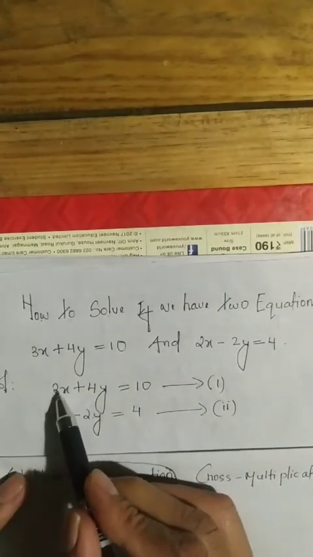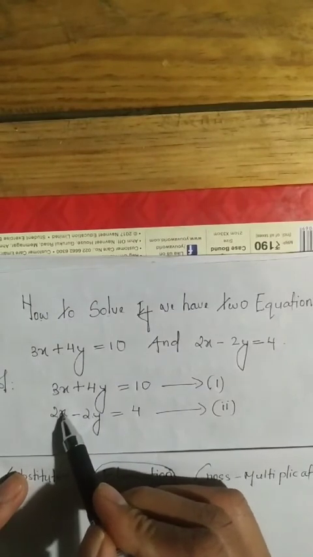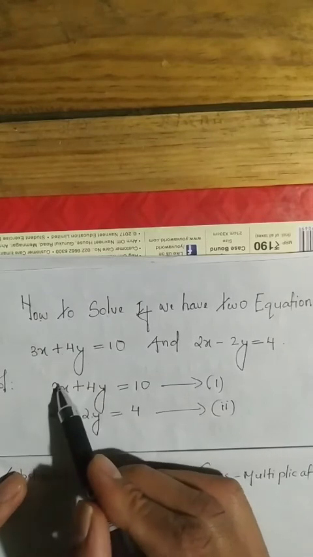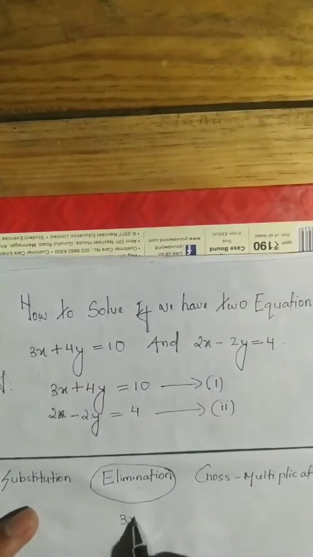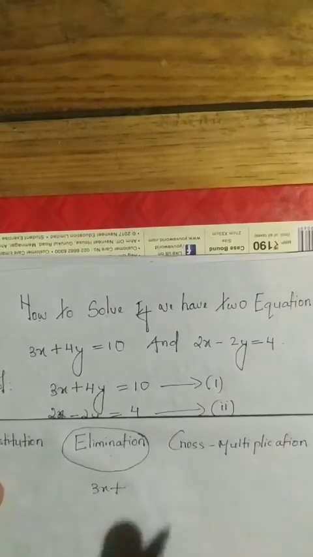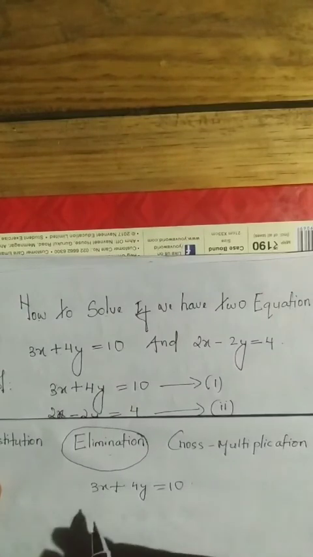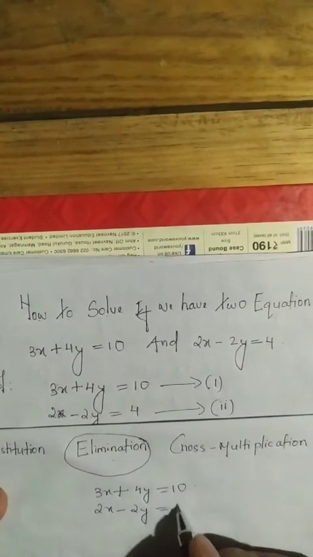Since I want to make these two same, I'll be multiplying whatever number is in front of this x, the coefficient of x, to the other equation. Thrice x plus 4y is equal to 10, and the second equation is twice x minus twice y is equal to 4.